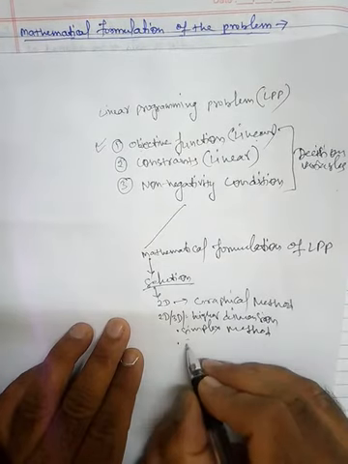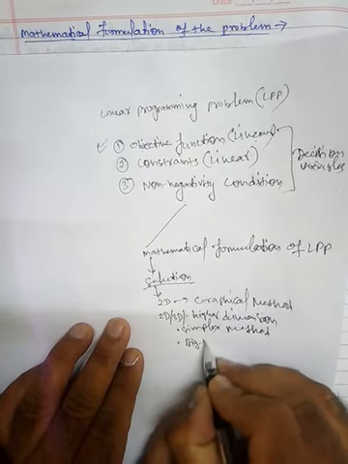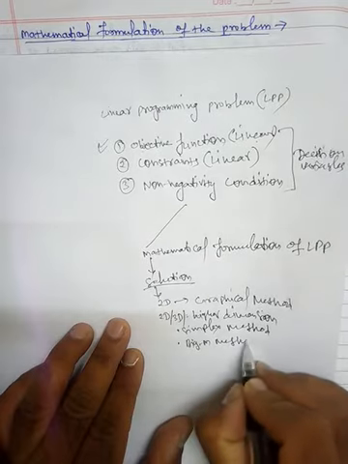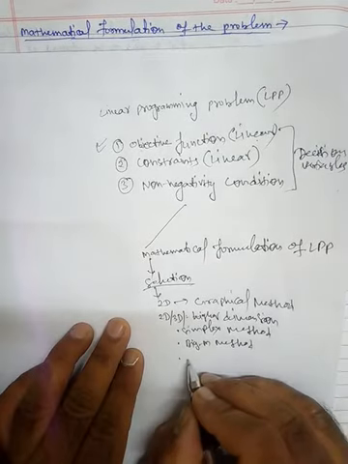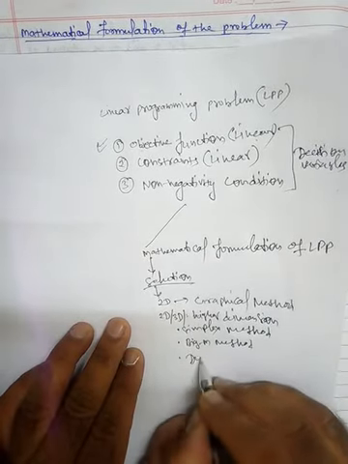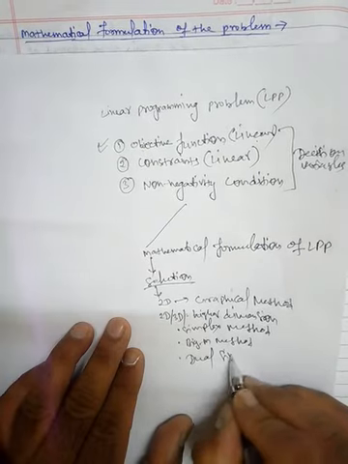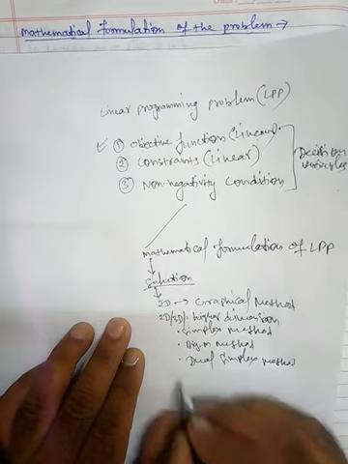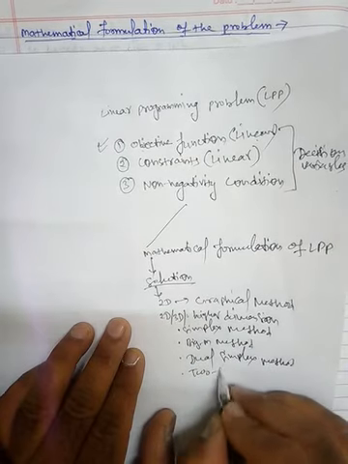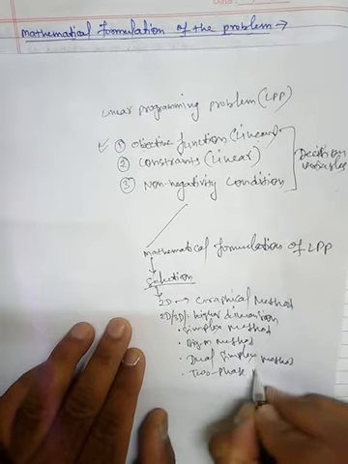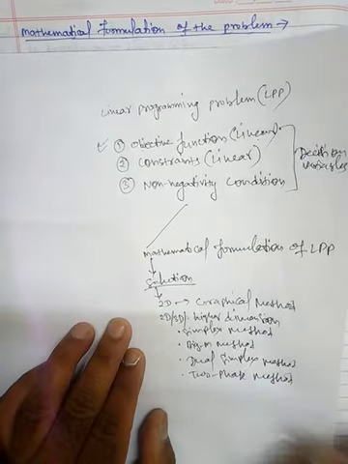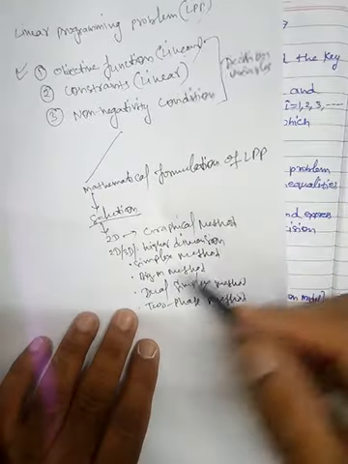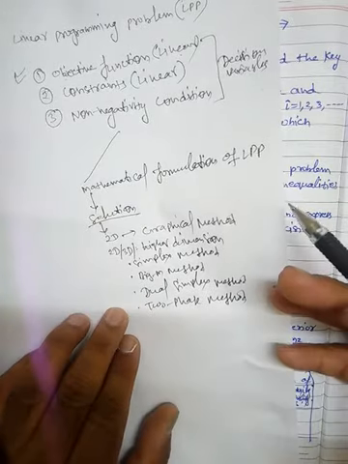Or we can use big M method, or we can use dual simplex method, or we can use two-phase method. Okay, and all these methods have their limitations.